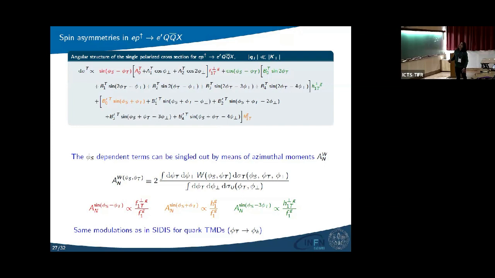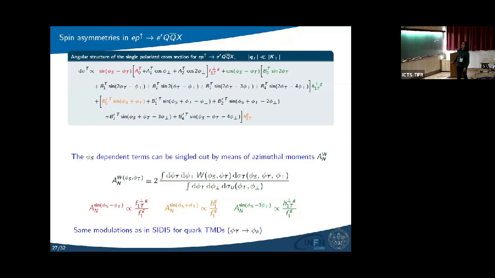And if you look at the spin-dependent part of the cross-section, we have different modulations again, which involve also phi_S. And from this, we can extract, for example, the Sivers function from this phi_S minus phi_T, the red one. The orange one, phi_S plus phi_T, will be sensitive to h1 over f1.